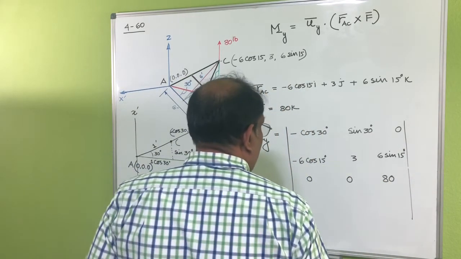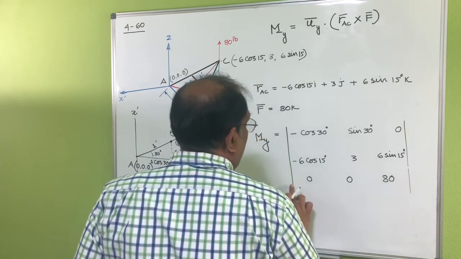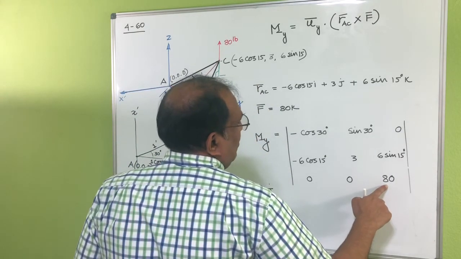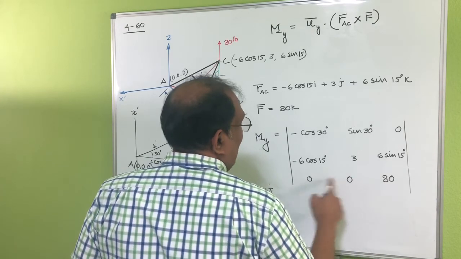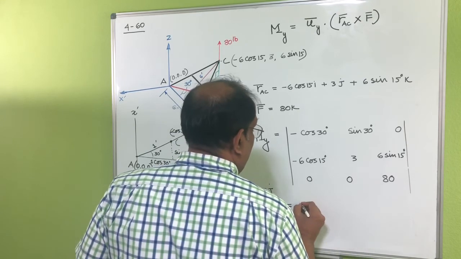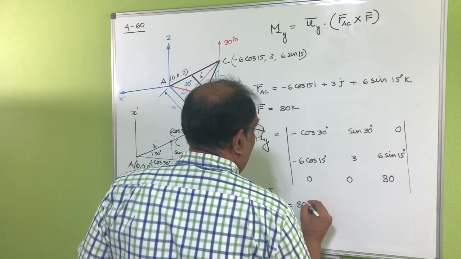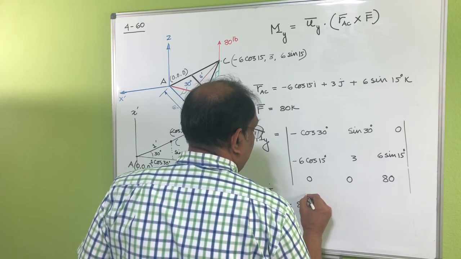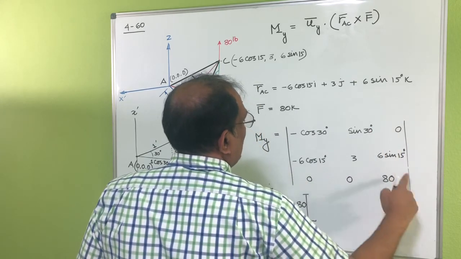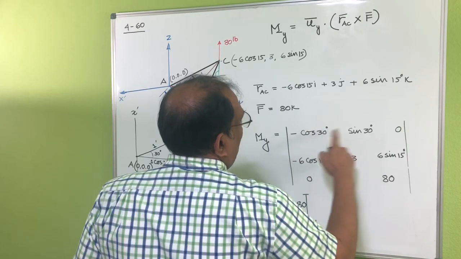Okay? So basically, if you find the determinant here, actually you can just take this one first, because the other 2 are 0 here. So I can say this is 80 into, so you cancel this one and this one, so this one minus this one.